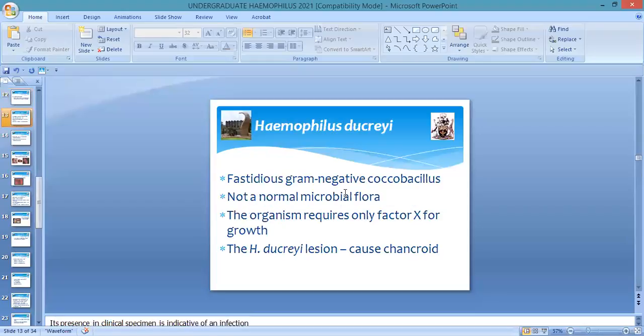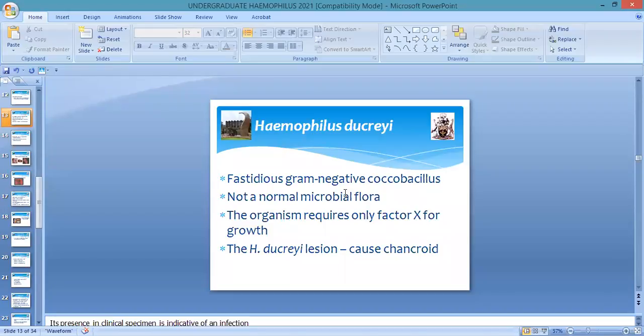So we move on to the next organism, which is Haemophilus ducreyi. So Haemophilus ducreyi is a coccobacillus. However, it is not a normal flora, just like Haemophilus influenzae, where we said it's a normal flora of the upper respiratory tract. But Haemophilus ducreyi is not a normal flora.